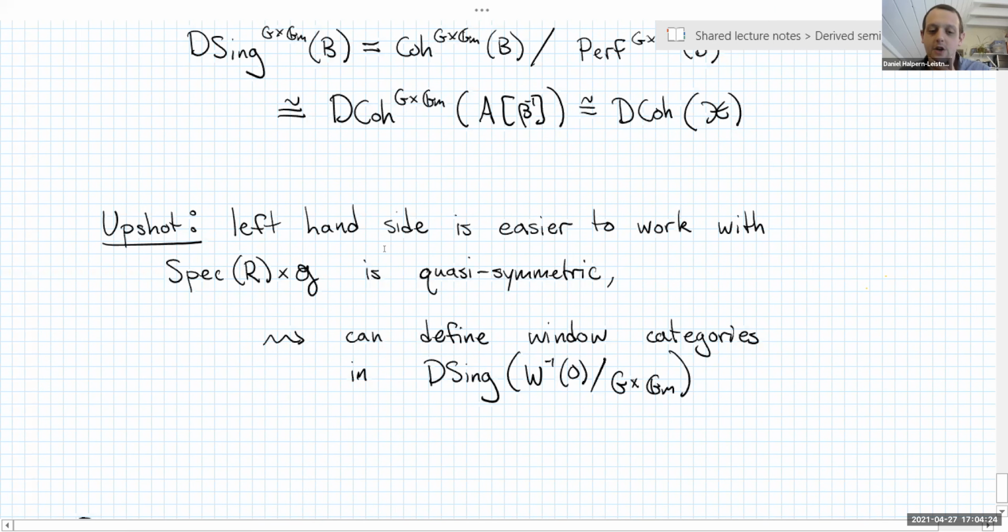You can take your Db coh of this derived complete intersection stack for the local model and convert it to a question about the derived category of singularities on some hypersurface stack. On that side, you can define window categories, et cetera.